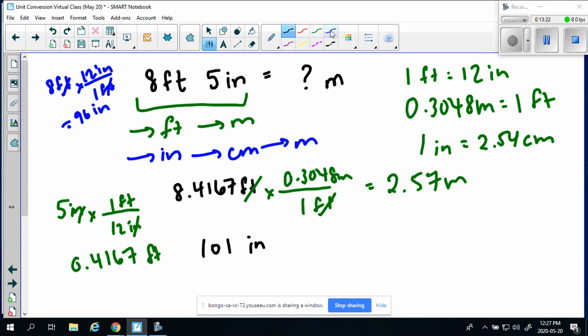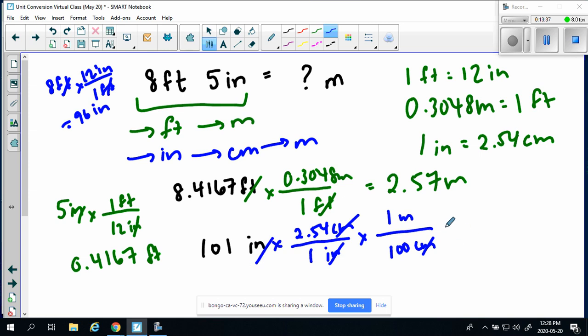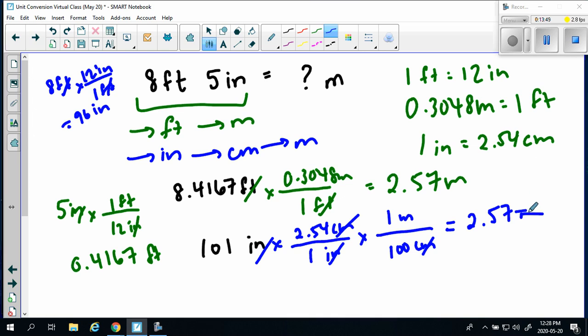And then I will use the blue strategy. I'm going to go to centimeters. 1 inch, 2.54 centimeters. And then 100 centimeters in 1 meter. And the centimeters cancel and the inches cancel. So let's see. 101 times 2.54 divided by 100, and I am getting 2.57 meters. So either way, you're going to get the exact same answer.